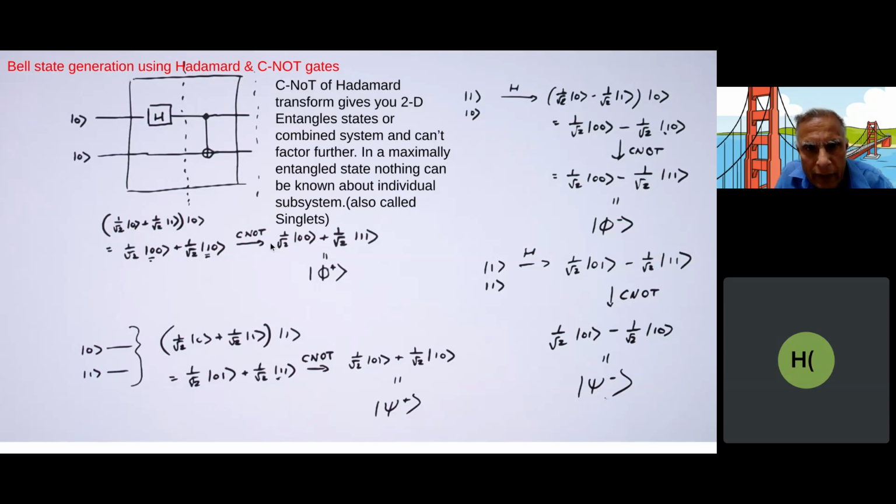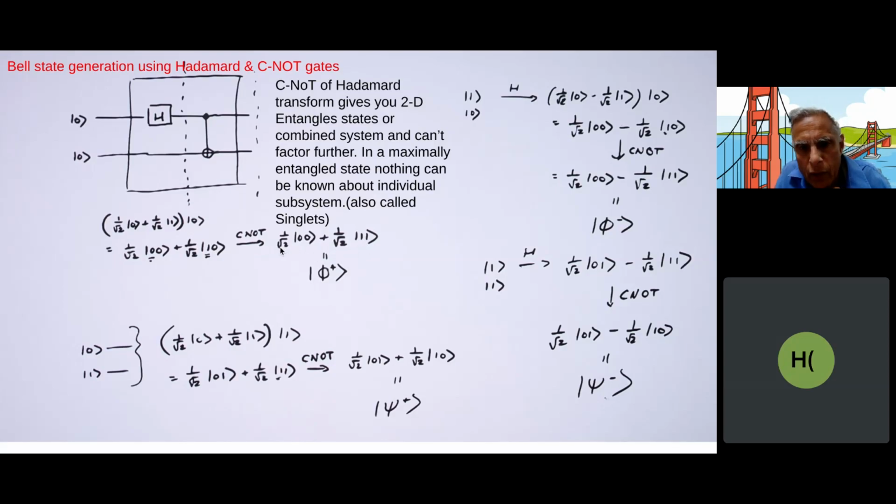At this point, we will get 1 by root 2 ket 0 0 plus 1 by root 2 ket, this 1 gets flipped. Because this is 1, the next bit gets flipped, which is a bit flip, so it gets a 1 1.